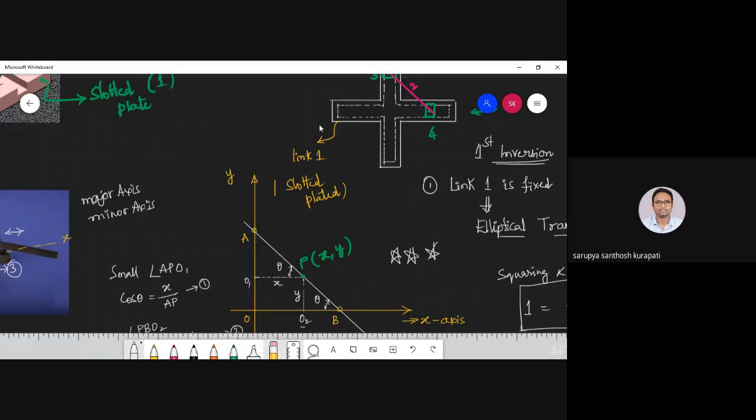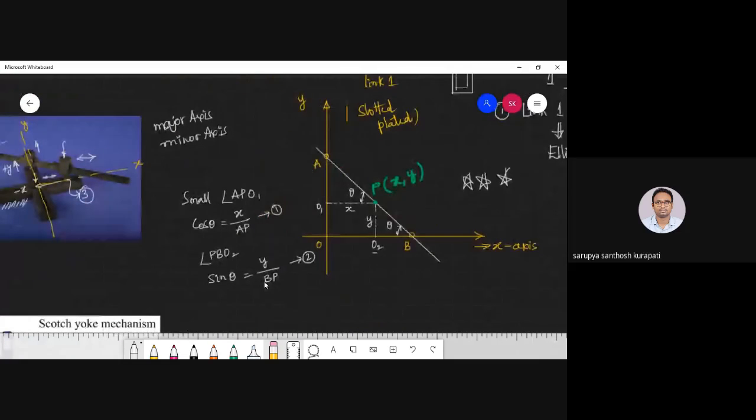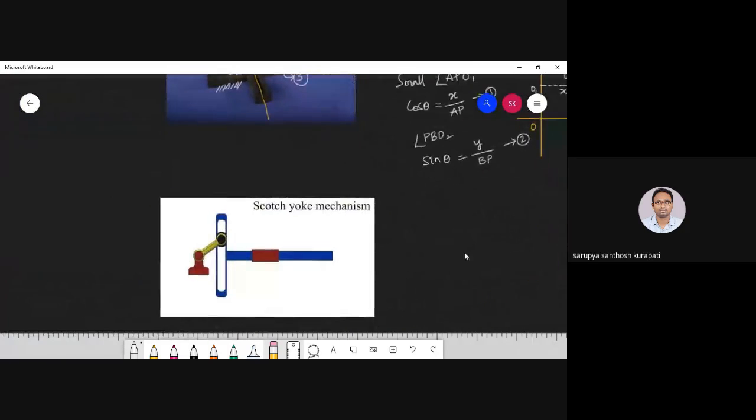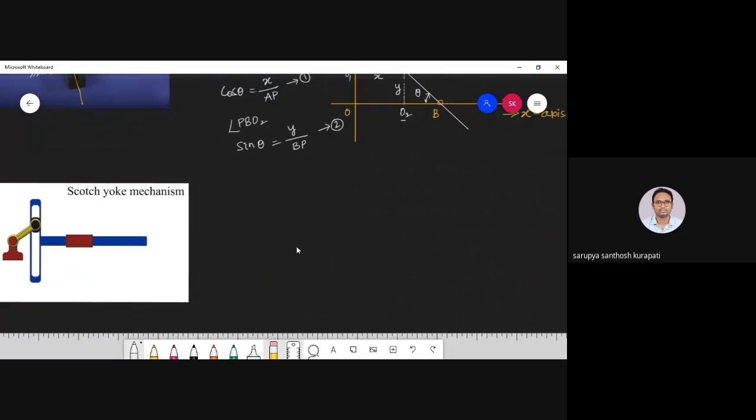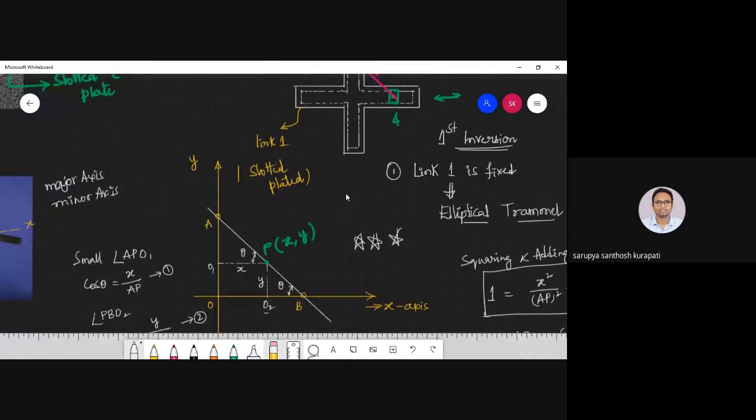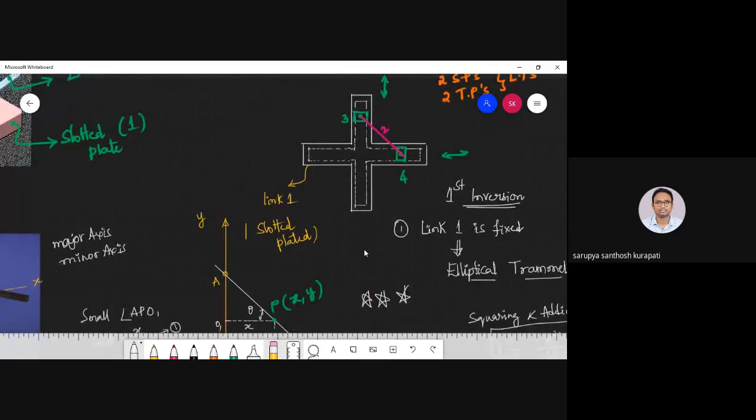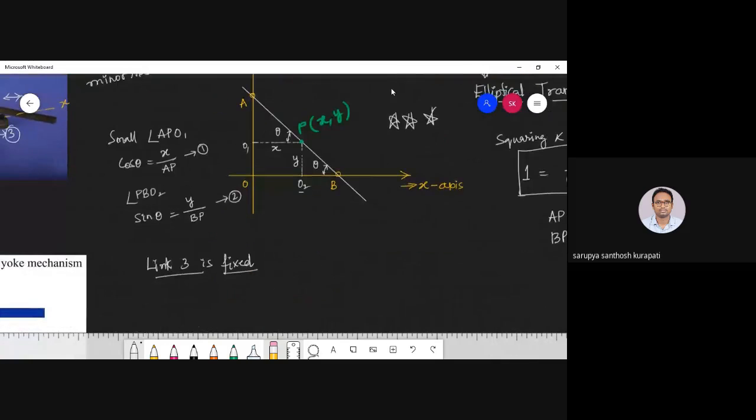So I'm fixing link 3, and you're going to get the Scotch-Yoke mechanism. I'll tell you why this Scotch-Yoke came into the picture. It's easy for us to fix this second slider. Link 3 or link 4 is fixed, so I'm fixing this particular link 4.